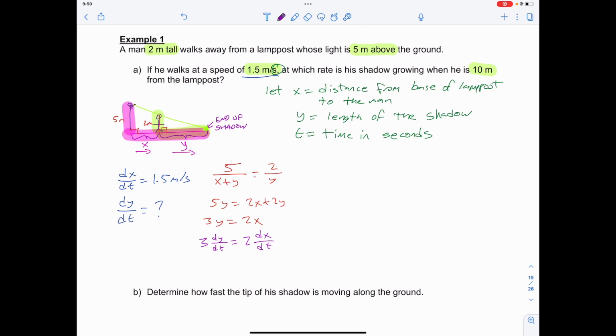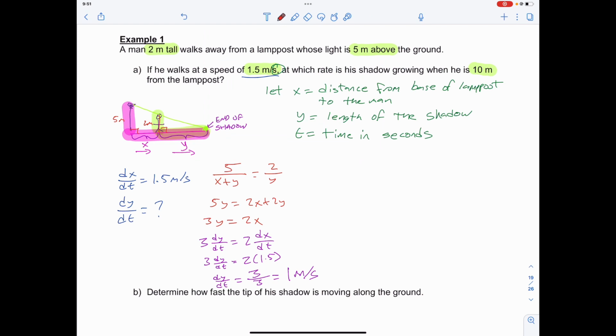So 3 dy over dt is going to equal 2 times 1.5. I'm going to divide both sides by 3. dy over dt is going to equal, well, 2 times 1.5 is 3. I'm going to divide that by 3, and I'm going to get 1. And then we know that the rate that this is changing at is in meters per second.